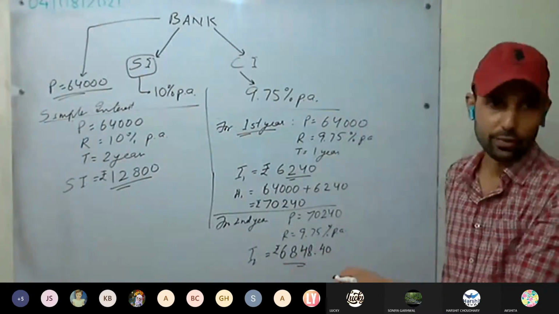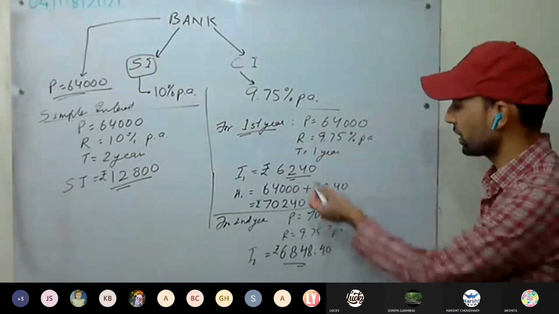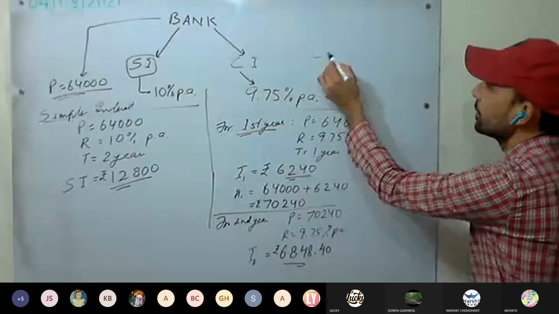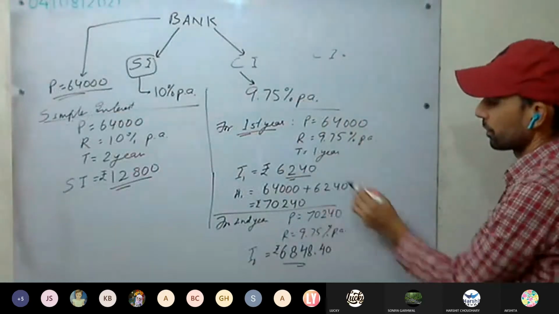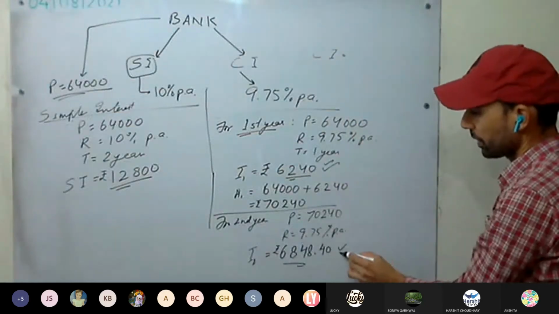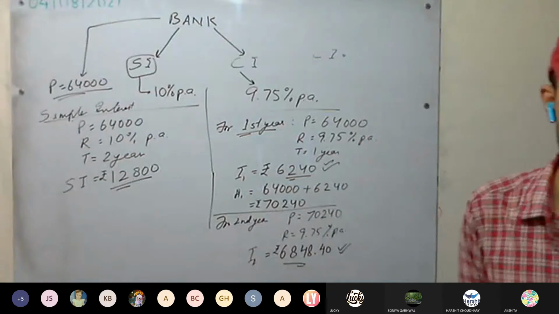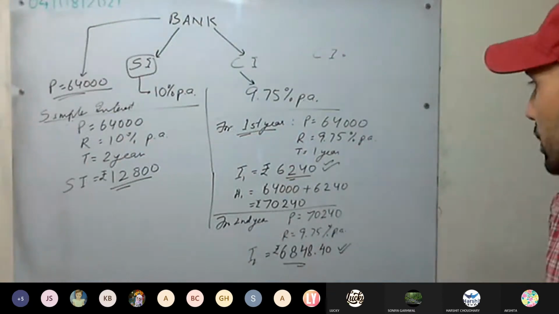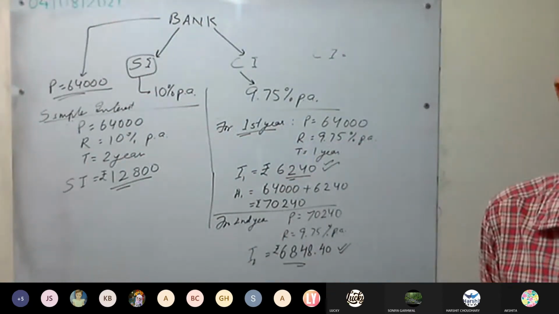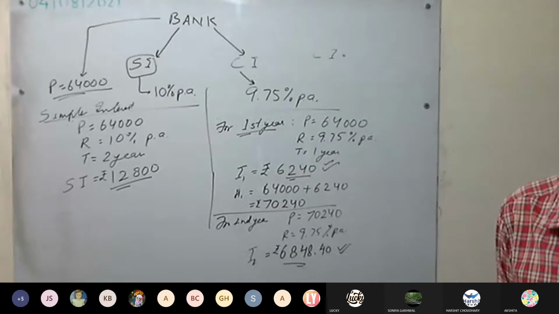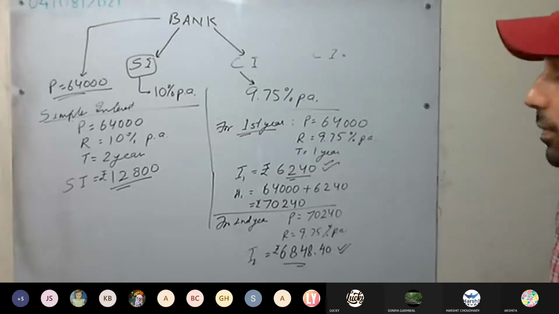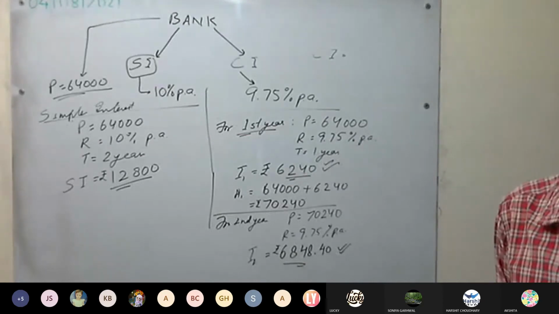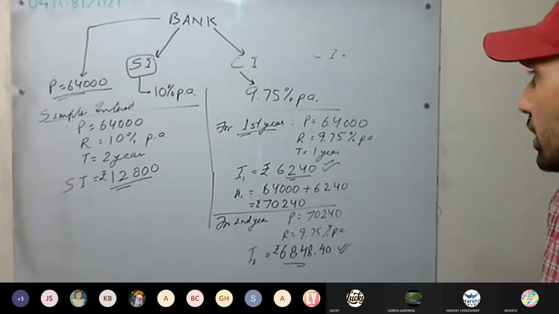The amount we do not require. You have to calculate the interest. What is the total compound interest? This plus this: 6,240 plus 6,848.40. Add them and let me know as well.